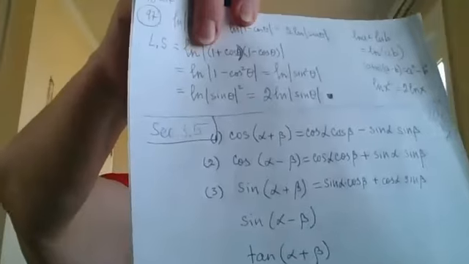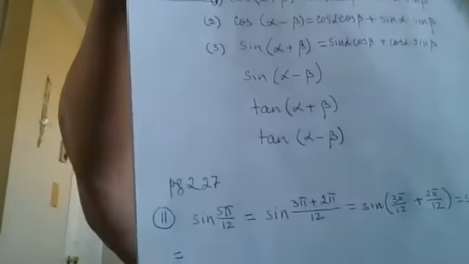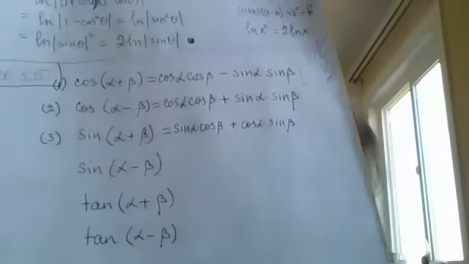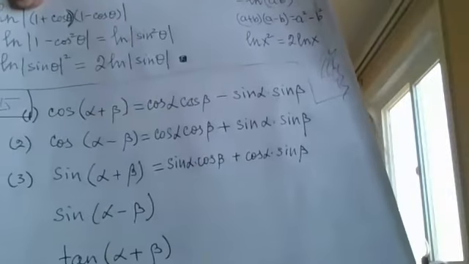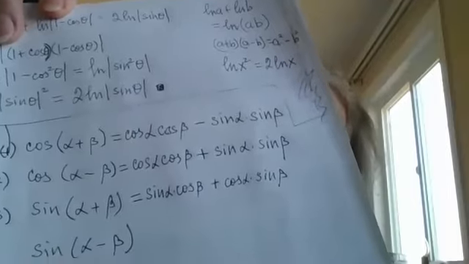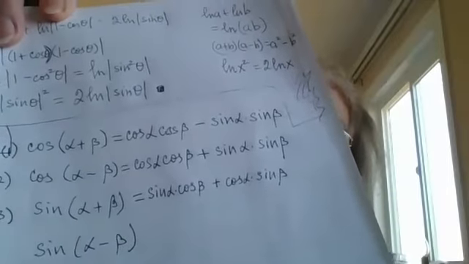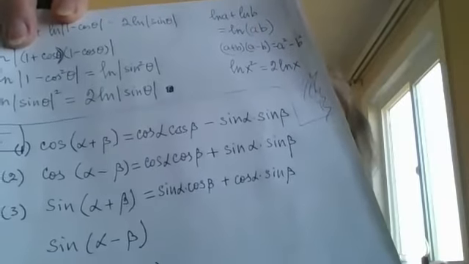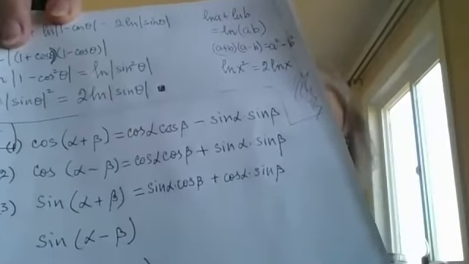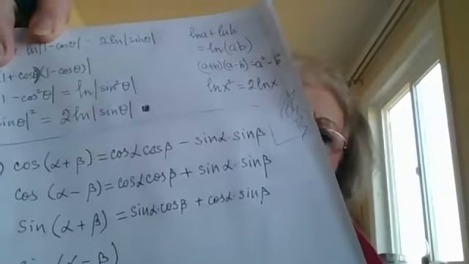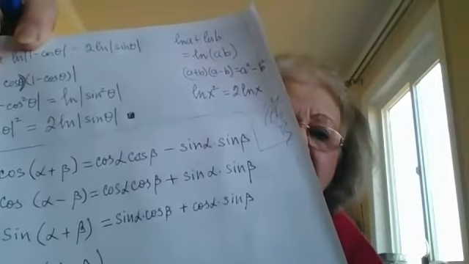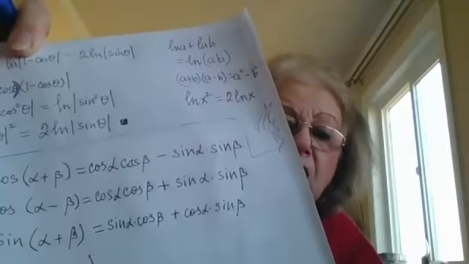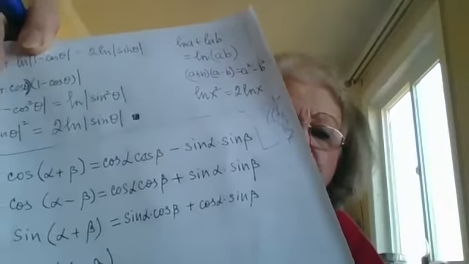Look please at formula number 3. Sine of alpha plus beta equals the sum of two products, and these products are mixed products. Now it is sine multiplied by cosine in both cases. First one, sine alpha times cosine beta plus cosine alpha times sine beta.